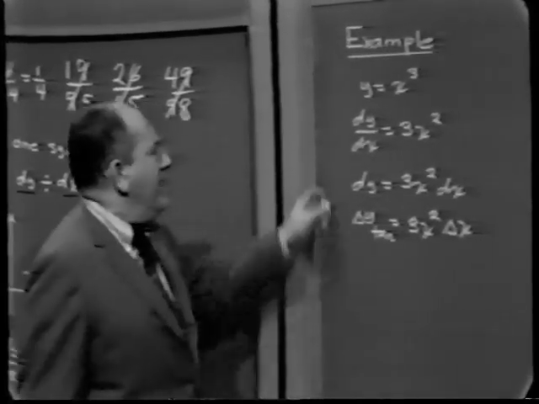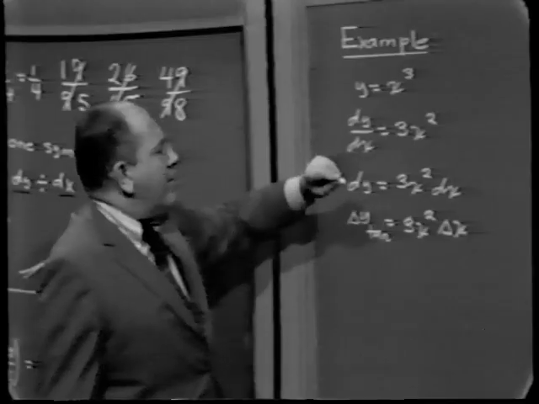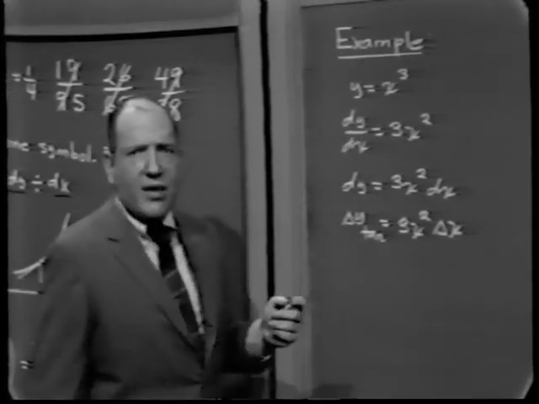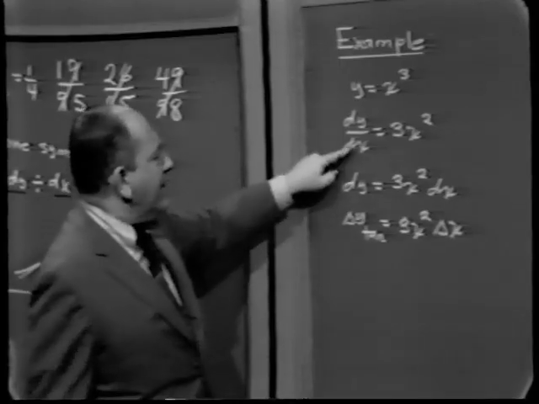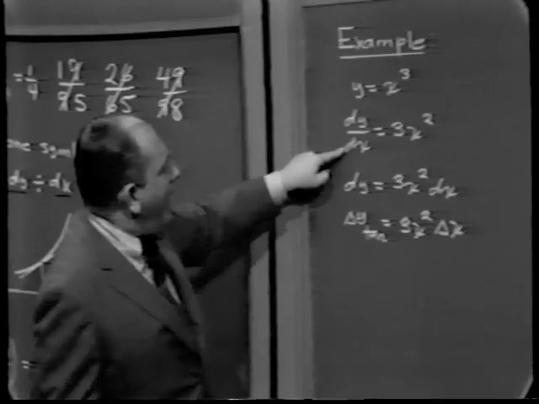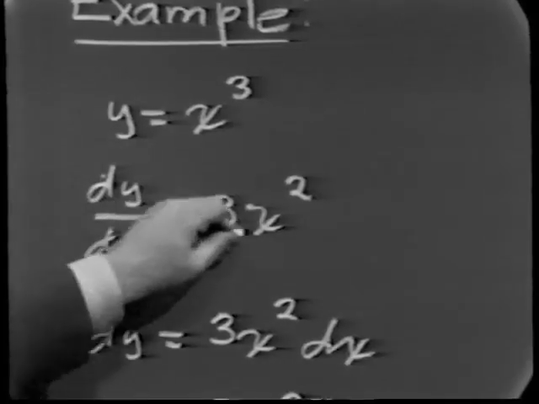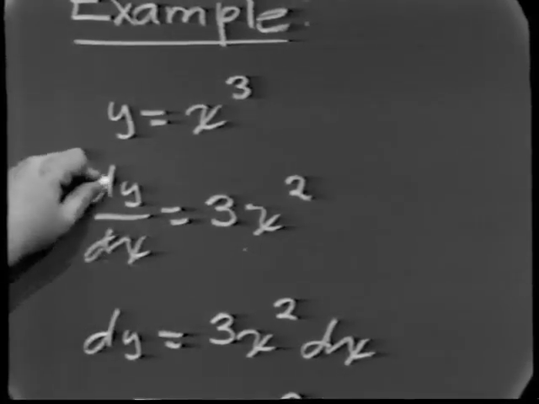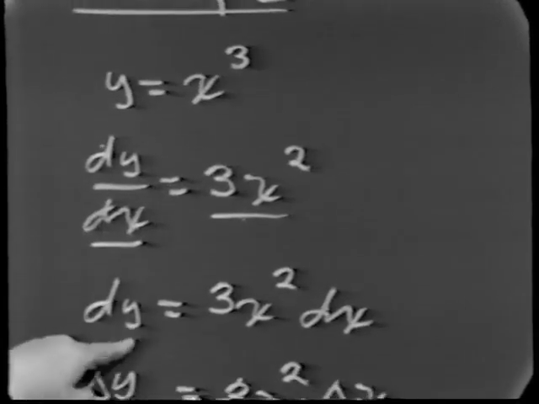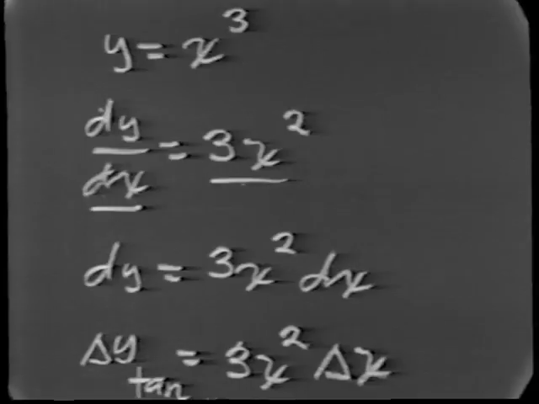Just mechanically. Remember, given y equals x cubed, we've already found that dy dx is 3x squared. This thing practically begs to be treated like a fraction. We would like to be able to say, hey, if this divided by this is this, why isn't this equal to this times this? In other words, why isn't dy equal to 3x squared dx?